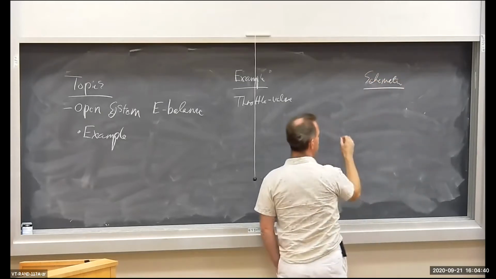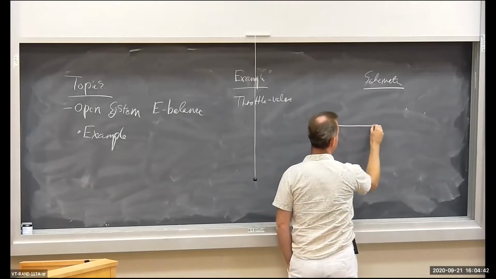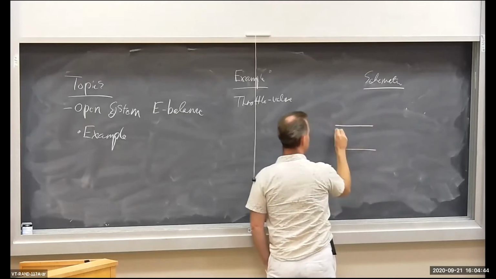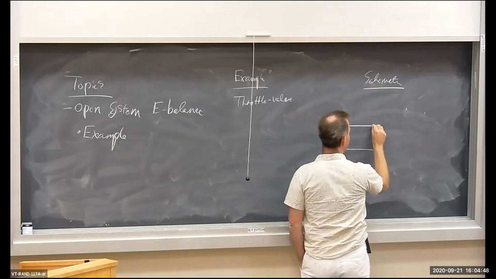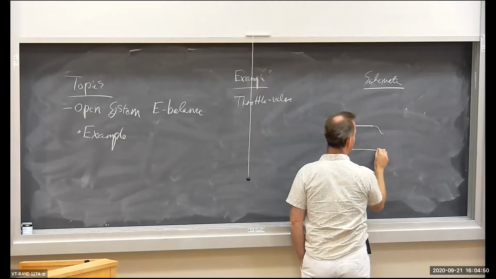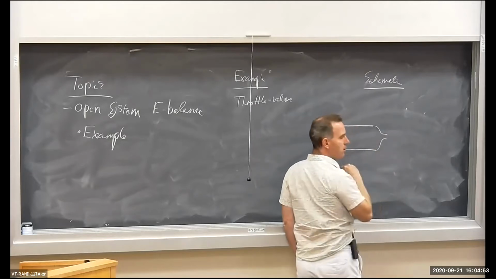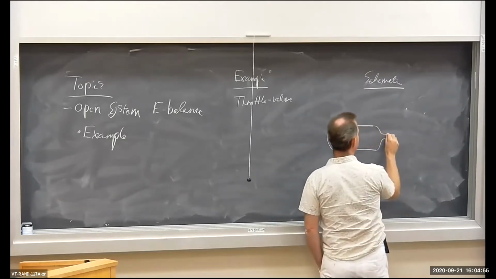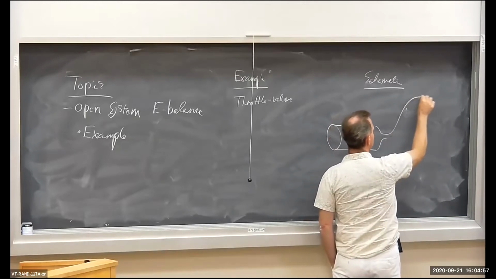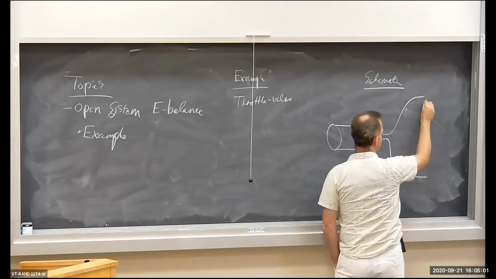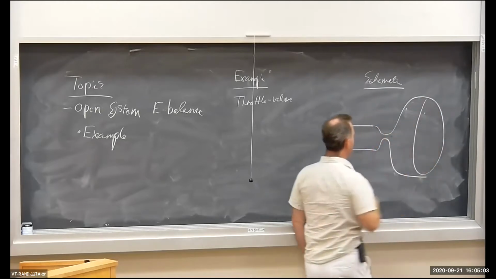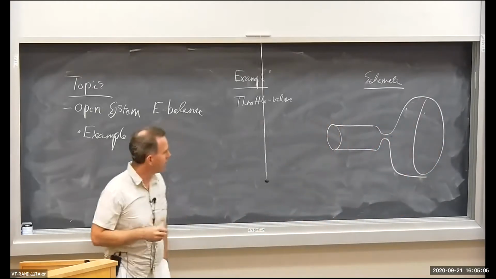So we have some sort of a tube right here, could be a circular tube of some kind. And then we have a restrictor. So the tube all of a sudden reduces diameter, and then we have an increase in area, okay? That's basically what a throttling valve looks like.